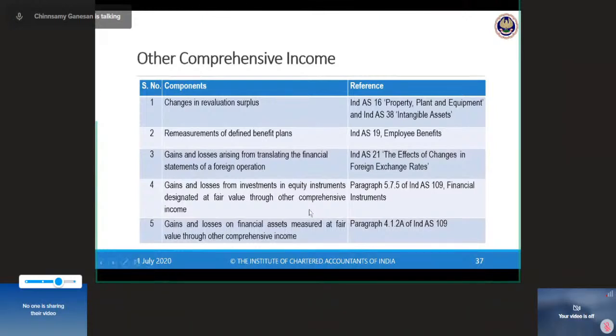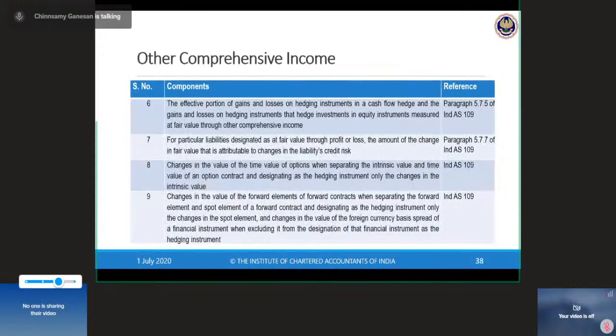Similarly, any other financial asset where you have applied fair value through OCI should be treated as part of other comprehensive income. If you are using a cash flow hedge, the cash flow hedge should also come as part of other comprehensive income.